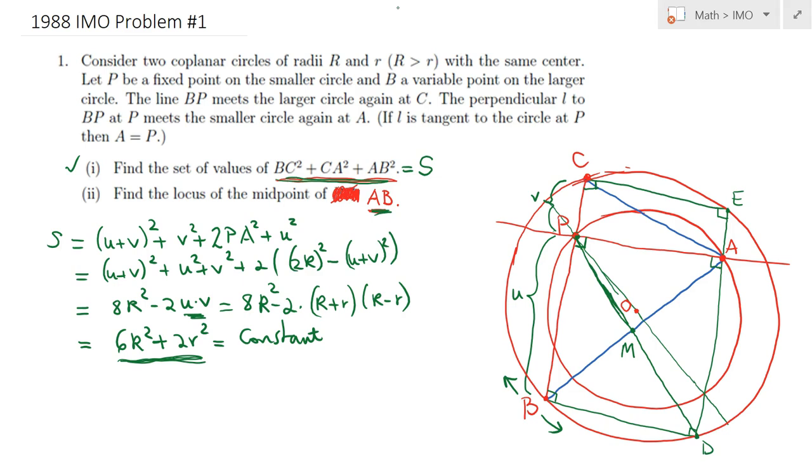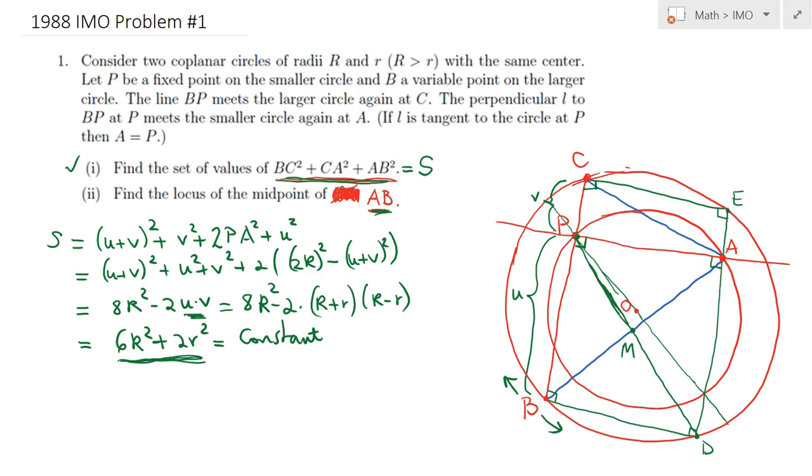Okay, so we can solve this problem in two different ways. We can use synthetic geometry, or we can use coordinate geometry. I would just want to give you some insight about the synthetic, but I will actually do the bashing, and I will be solving this problem using coordinates.